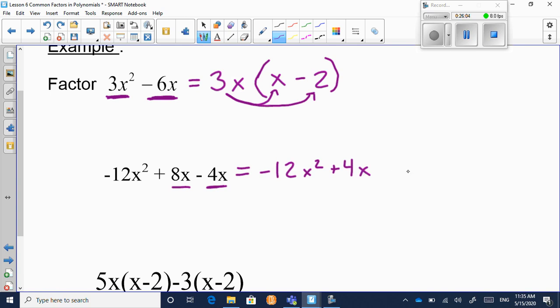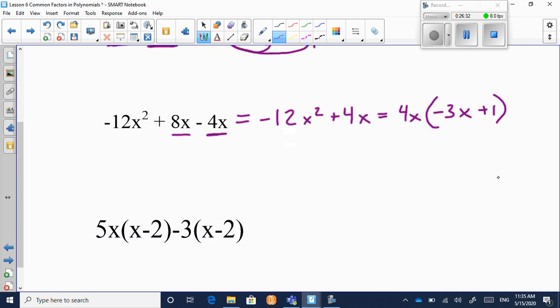Now, these two I can't combine, but I could do a common factor. And look at this. 4 goes into them both evenly, and so does x. So 4x times what would give me the negative 12? Well, it would be negative 3x, because remember, an x times an x is x squared. And then 4x times 1. There you go.